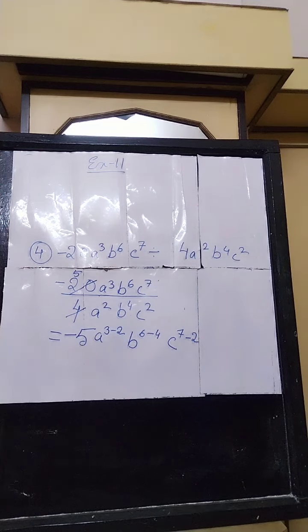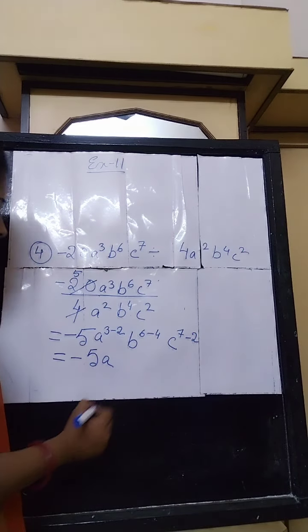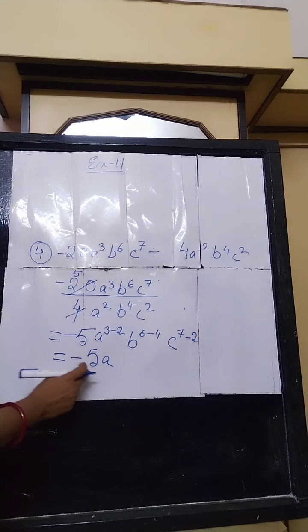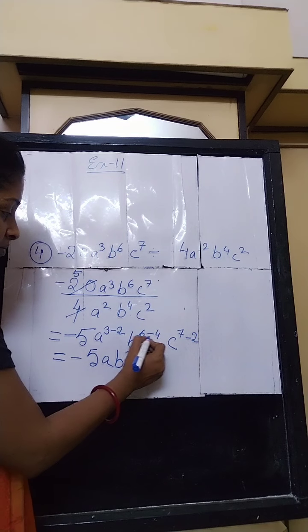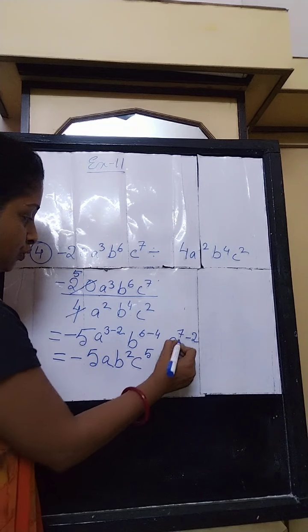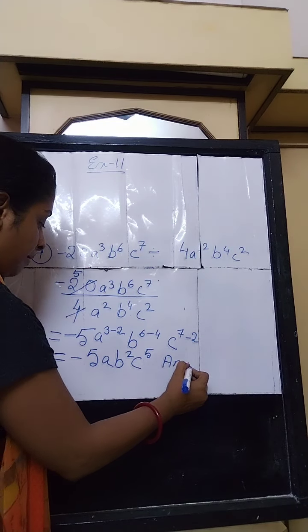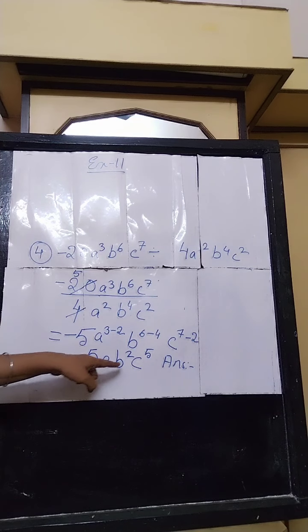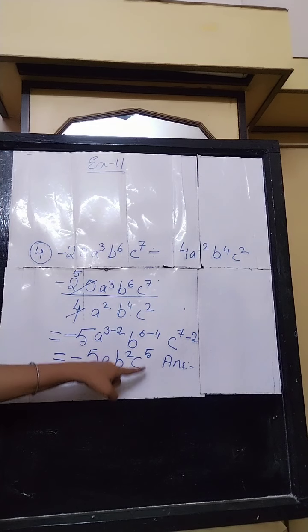The first one will be a to the power 1, which means a, then b square because 6 minus 4 is 2, and c to the power 5 because 7 minus 2 gives you 5. So the answer is minus 5 a b square c to the power 5.